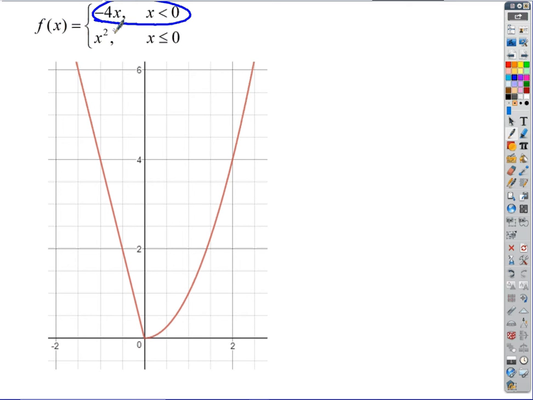What would its slope need to be? I mean, it could be an infinite number of different functions, but the slope from the left has to be what, if it's going to knit up with the slope from the right? Well, what's the slope from the right? 0, right? So the slope from the left would have to be 0 also.